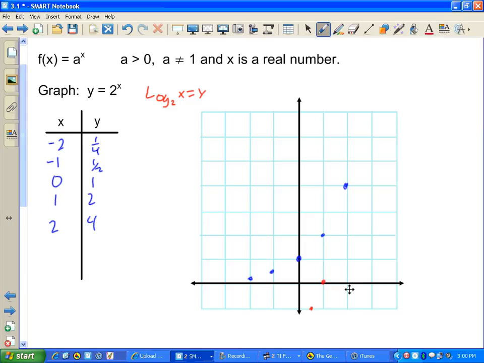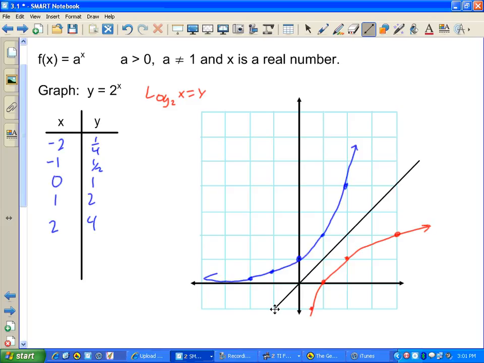Log base 2 of 2 is 1. Log base 2 of 4 is 2. So these are two graphs, and they're inverses of each other. And they look like inverses of each other, because if you remember what inverses look like on a graph, they're reflected over the line y equals x.